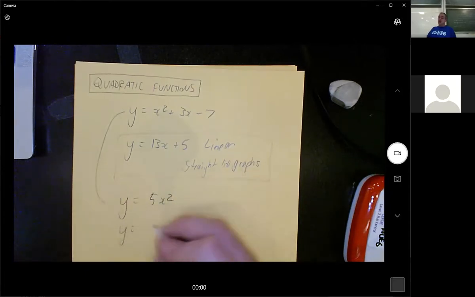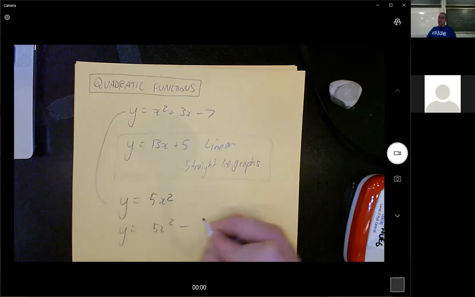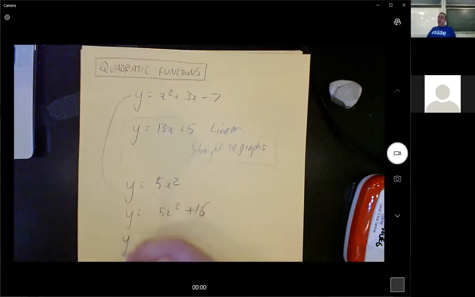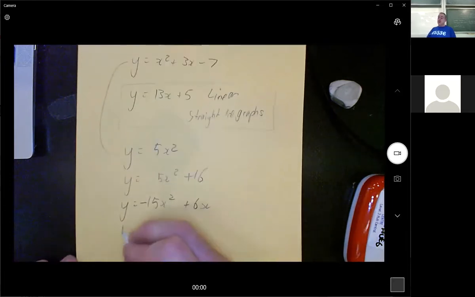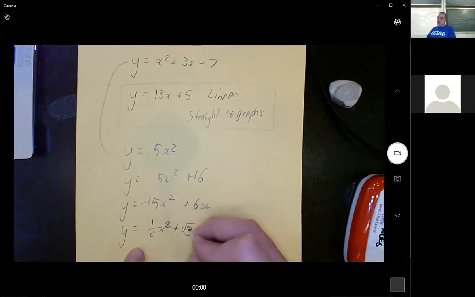You can have something like this, or plus 16 or whatever, and you can have all three pieces. They don't have to be whole numbers either. It's tradition to play with whole numbers, but you can just as easily have a half of x plus the square root of 3, and that's a perfectly good quadratic function. Any number for the constant, any number for the numbers multiplied by the x's and the x squared, they're all fine.